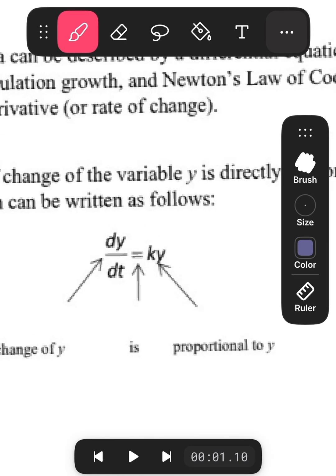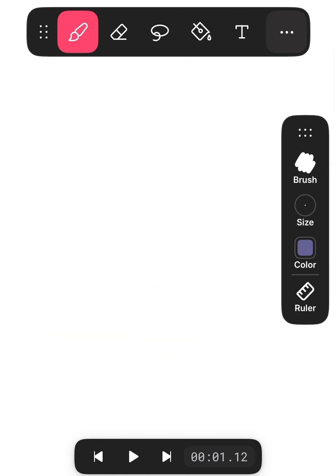Because we have to use this equation so much, it's vital that we understand how to solve it, how to find the solution using the earlier methods.